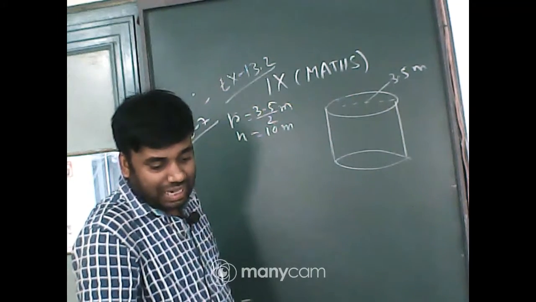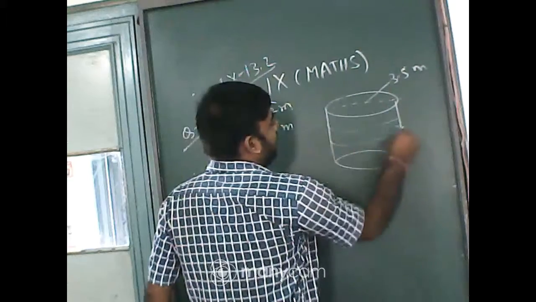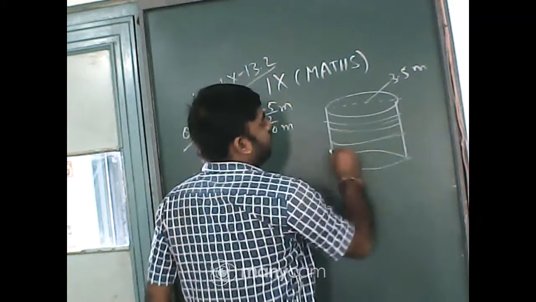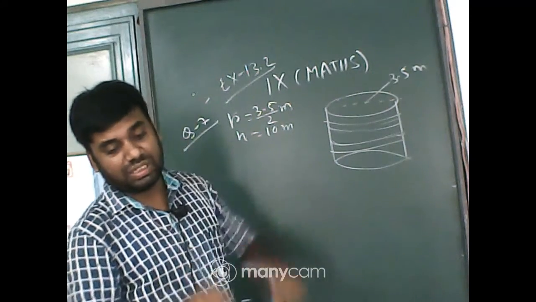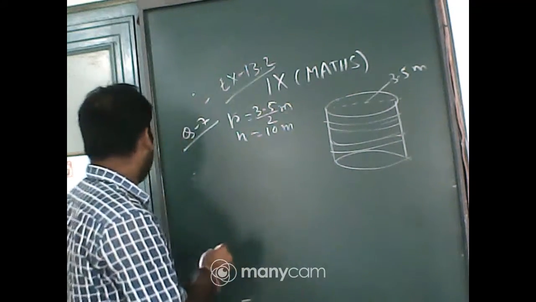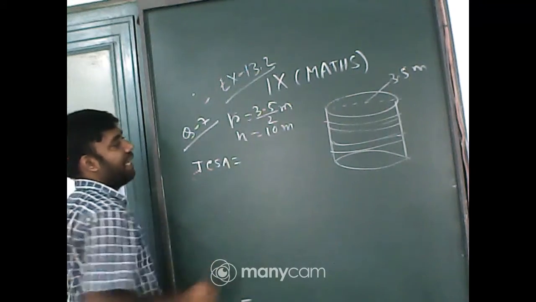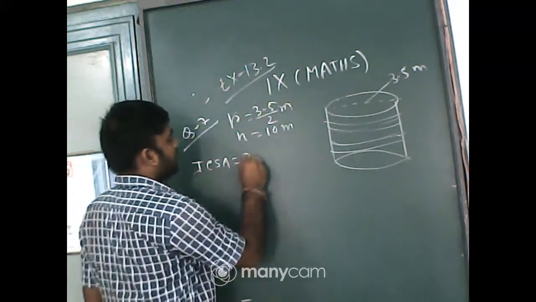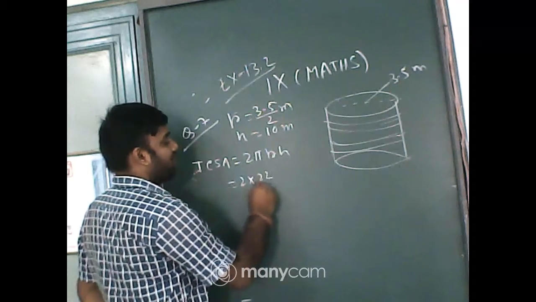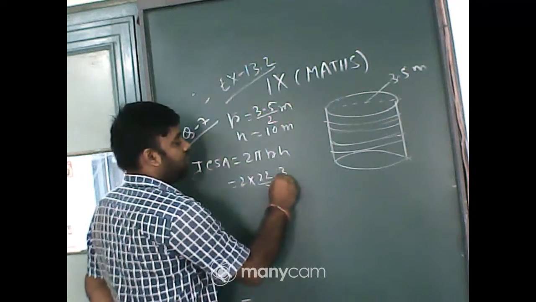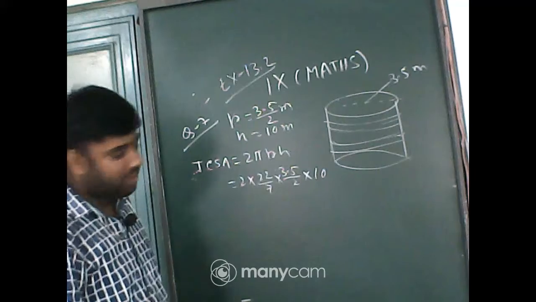Now what is the inner surface area? Curved surface area means that inner portion. So the formula, ICSA, inner curved surface area, is 2 pi RH. Now 2 pi is 22 by 7, R is 3.5 by 2 and H is 10.